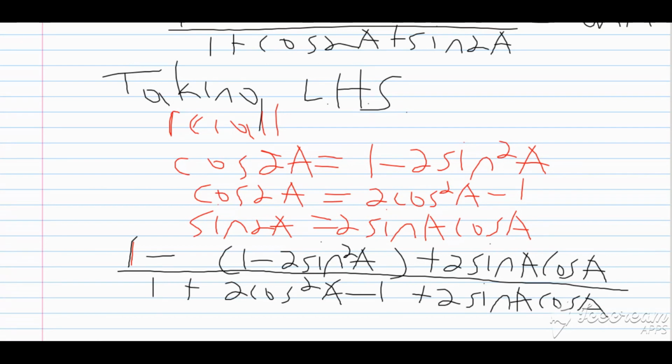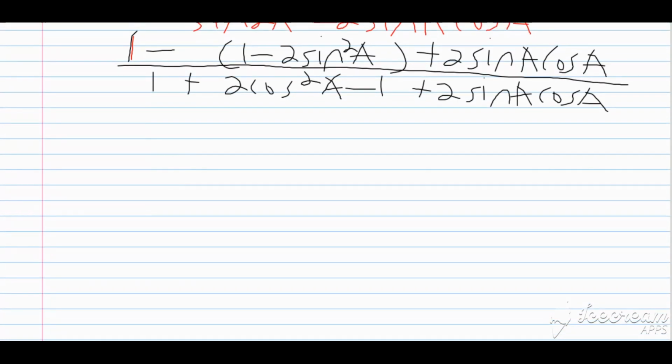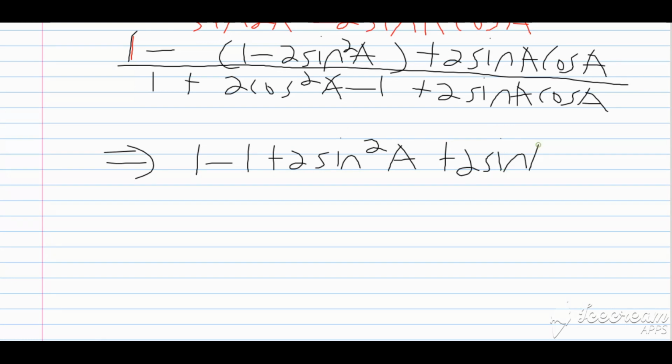In circumstances like this, it is imperative that you use your brackets properly. Now I can just simply go right ahead and expand my brackets. So I'm going to have 1 minus 1 plus 2 sine squared A plus 2 sine A cosine A all over, and notice you have a positive 1 and a negative 1, so that is gone right away.